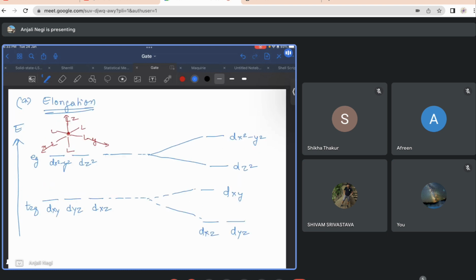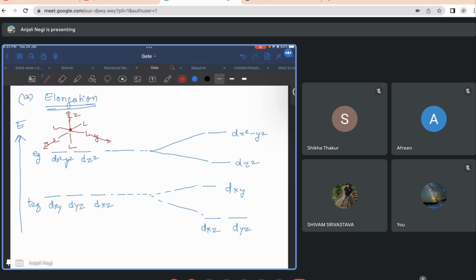So now if I just simply draw it here, this will be the metal ligand, and the z component part, since their energy is stabilized, obviously they are elongated and hence they are stabilized because of less repulsion or interaction.